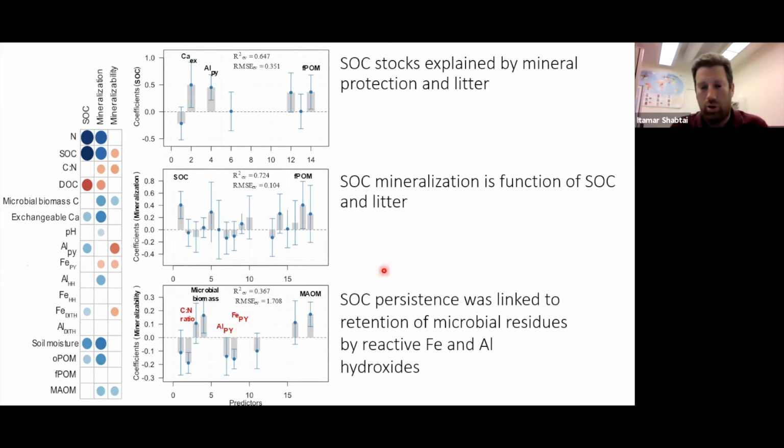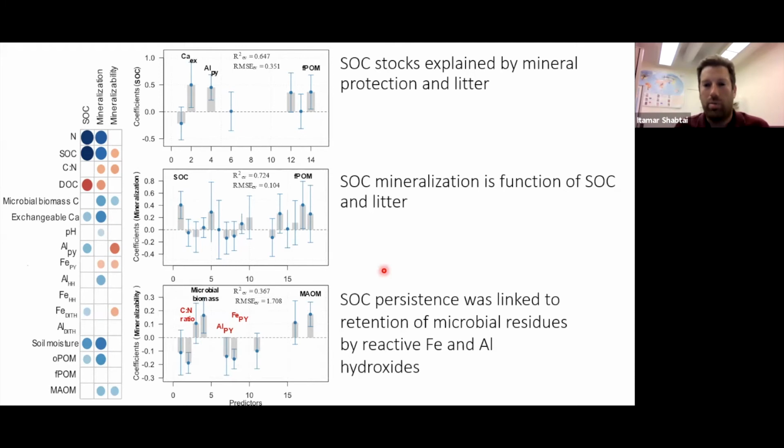So to conclude this first project, we saw that the capacity of the soil to accumulate and store carbon was a combination of microbial decomposition of plant input and the soil mineral phase capacity to absorb and store these microbial byproducts.